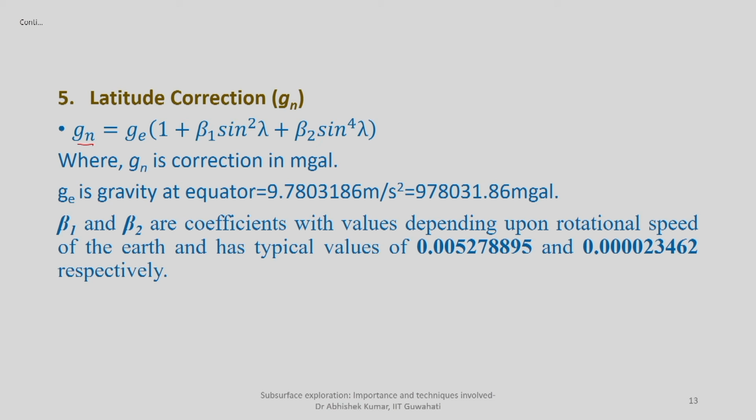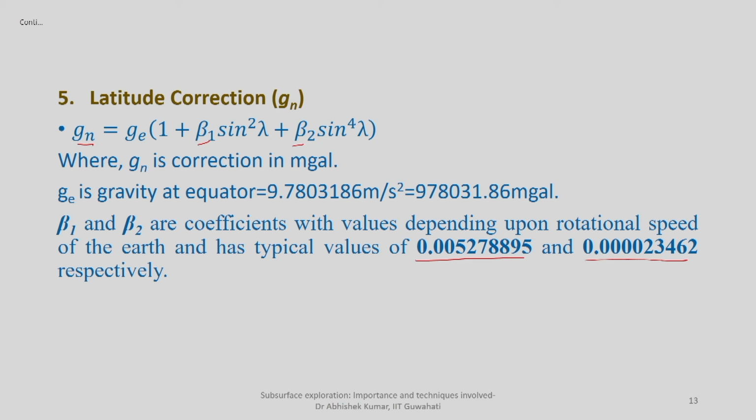The other constants, beta 1 and beta 2, are coefficients which depend upon the rotational speed of the earth. Typical values are given as 0.0052895 and 0.000023462. So these are the values of B1 and B2.